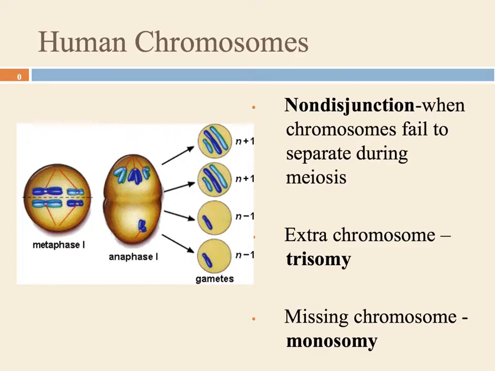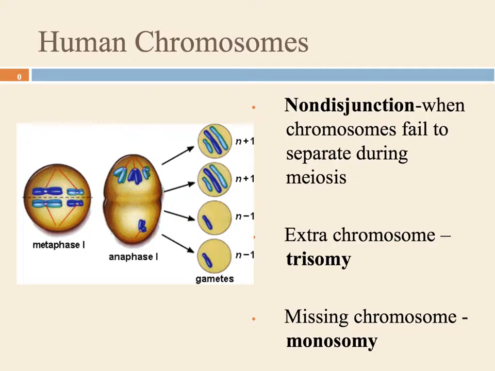In meiosis, in class, you heard me talk about how we were assuming that everything went like it should, that the sister chromatids and the homologous chromosomes are going to separate like they should in meiosis 1 and then meiosis 2.